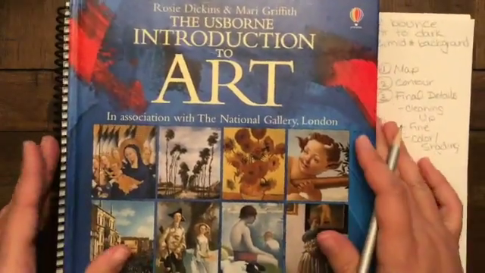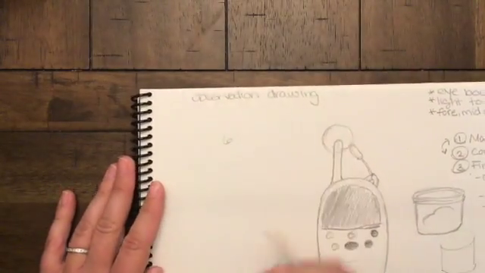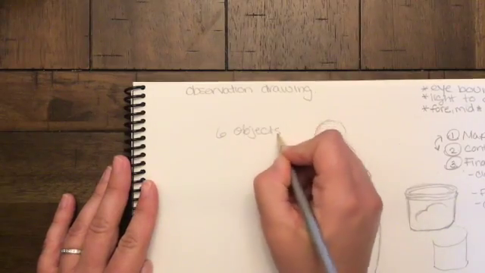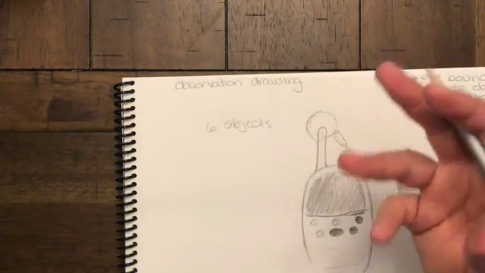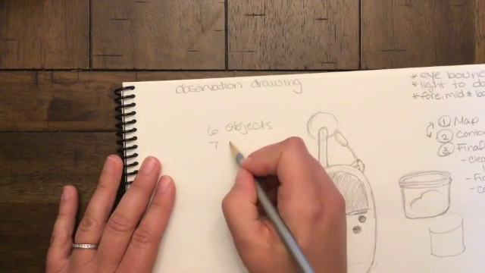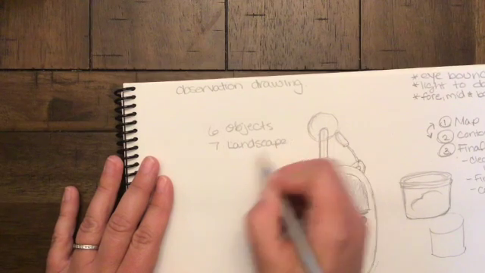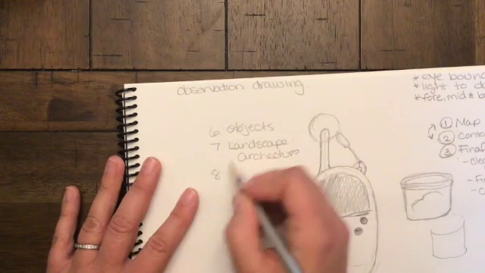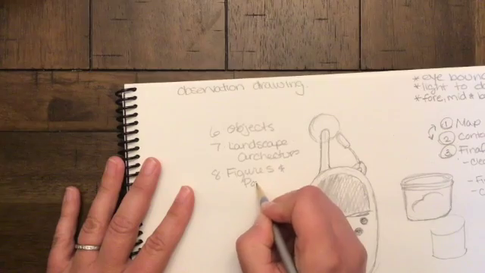Now, just a reminder. For 6th grade, you need to practice objects, because your project is going to be based on still lifes, whether you have the theme of this or that. 7th grade, you're focusing on landscapes and architecture. 8th grade, you're focused on figures and portraits.